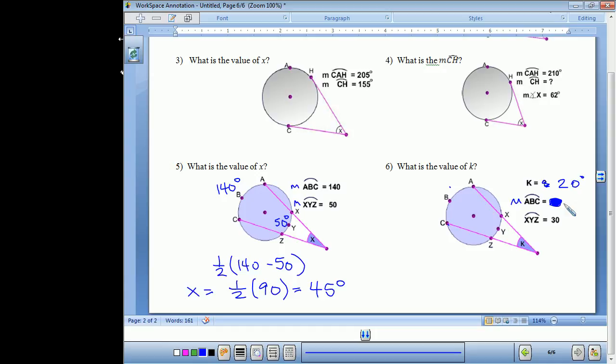I changed number 6. We haven't had one like this yet. I figured it out. That's why.